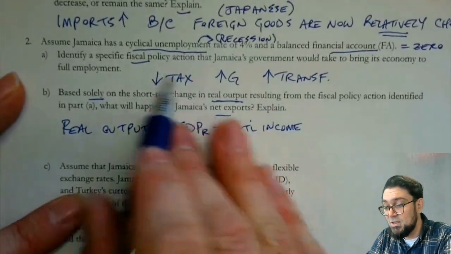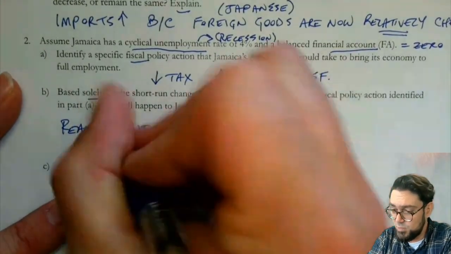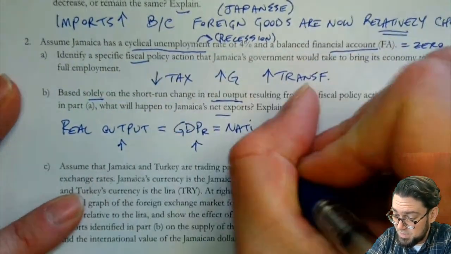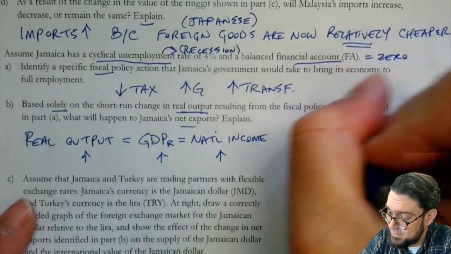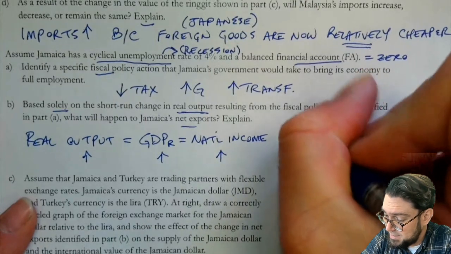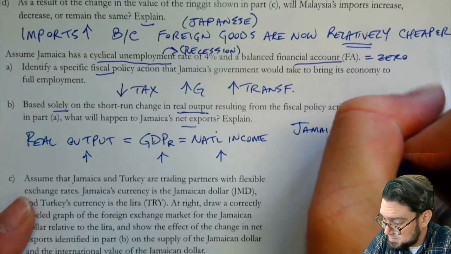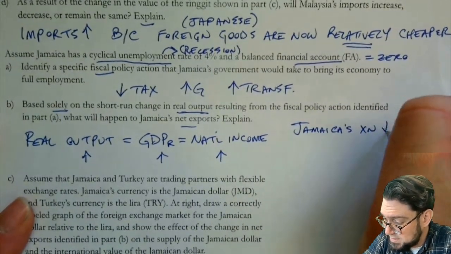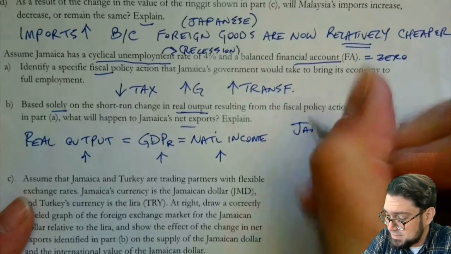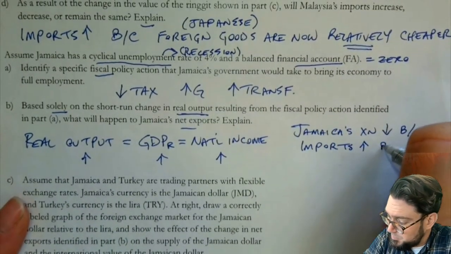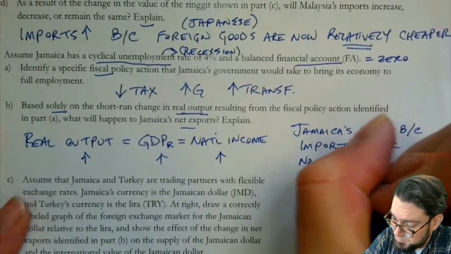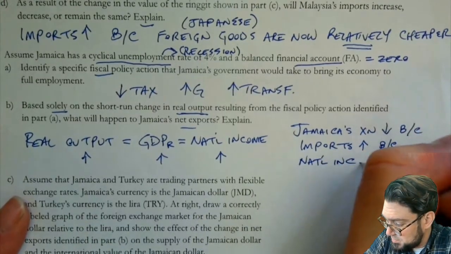And if we know that we cut taxes and increase government spending, we know that output went up, GDP went up, national income's higher. And so if national income is higher, right, then we would say Jamaica's XN will actually decrease. And that's because their imports will increase because national income went up.